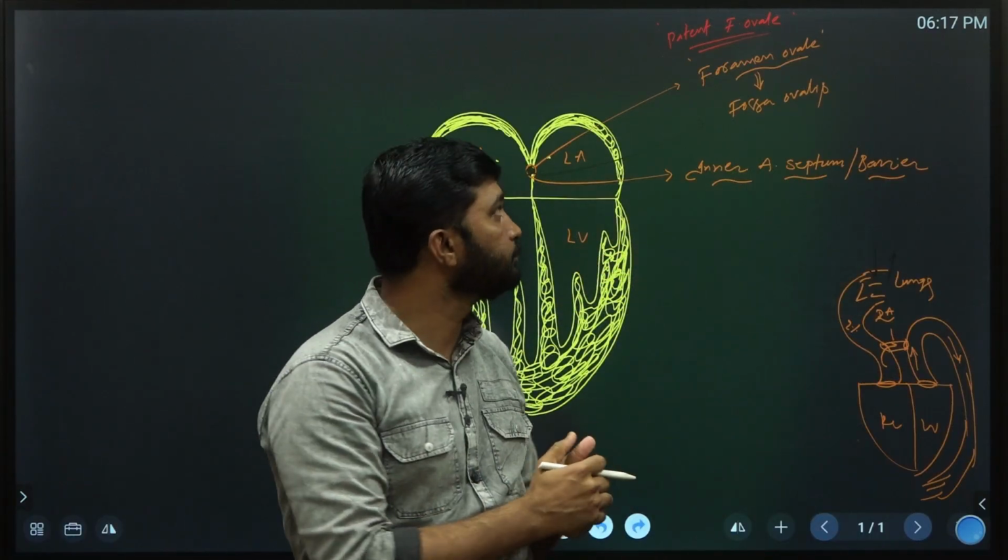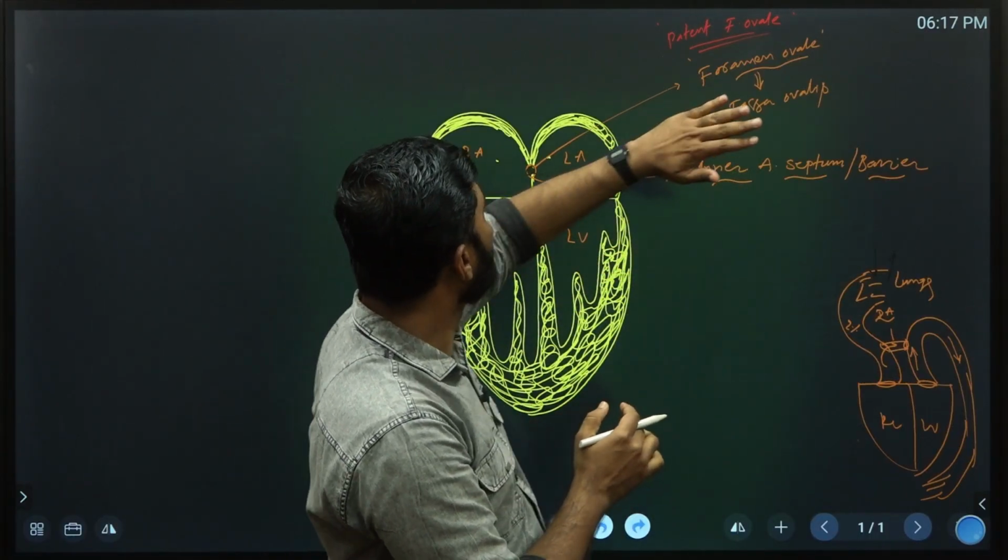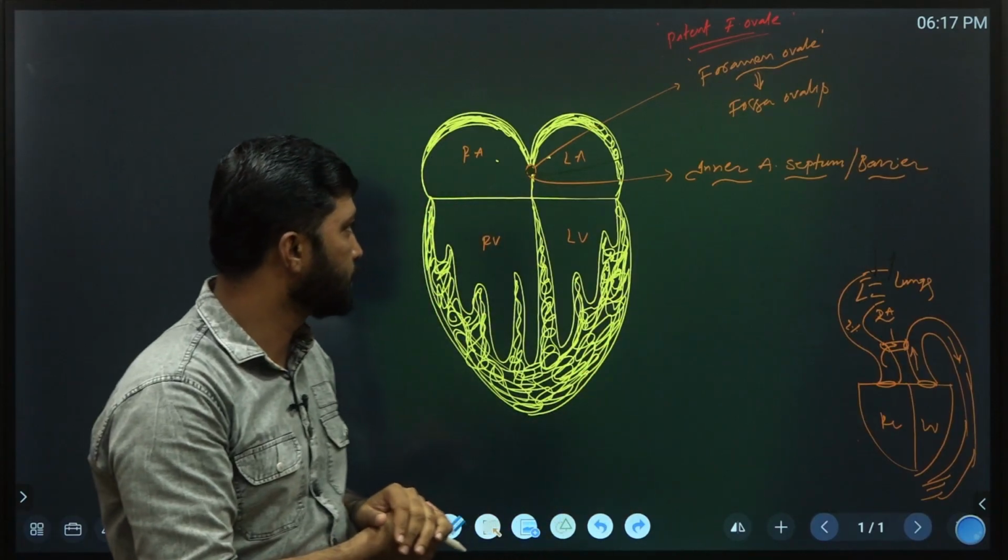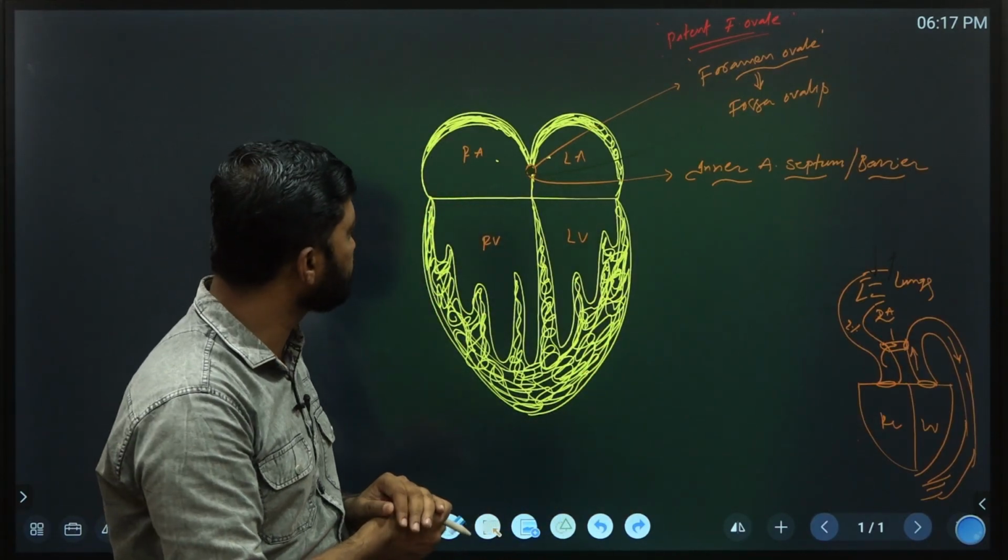So we have to close this opening after delivery by a surgical method.